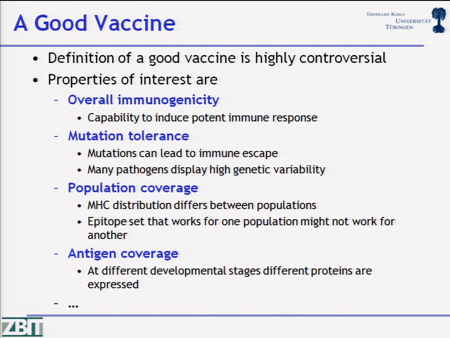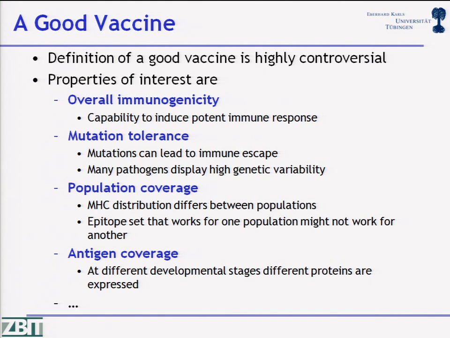That means that the vaccine is capable of inducing a potent immune response. You also want to have mutation tolerance if you construct a viral vaccine. Some of these epitopes can be destroyed by point mutations in viruses pretty quickly, and that would lead to immune escape against this vaccine. You also want to cover a huge population.